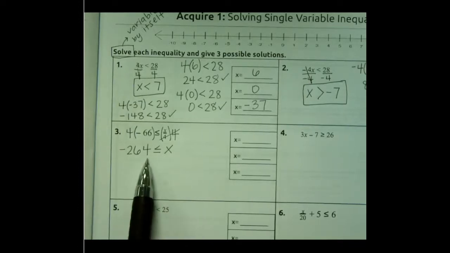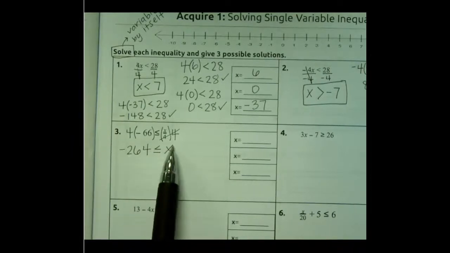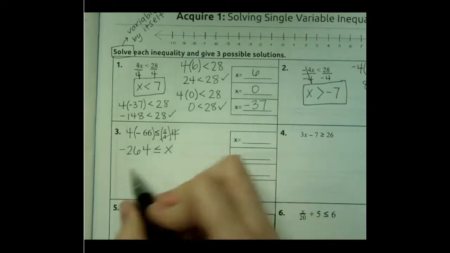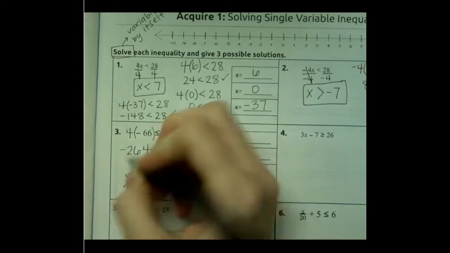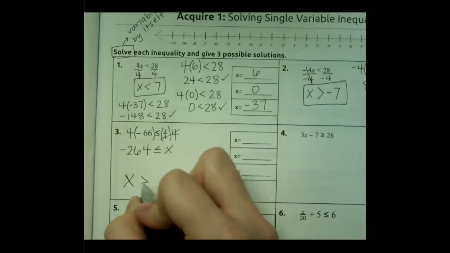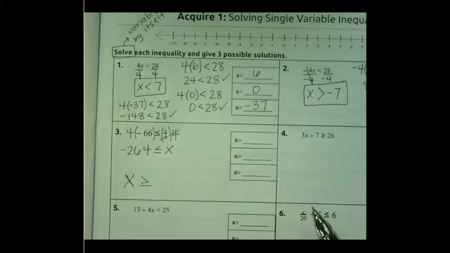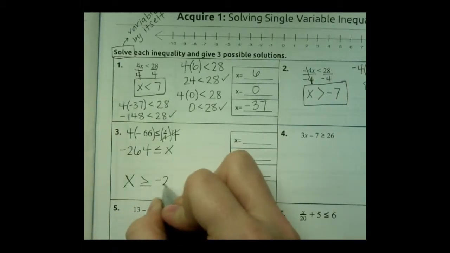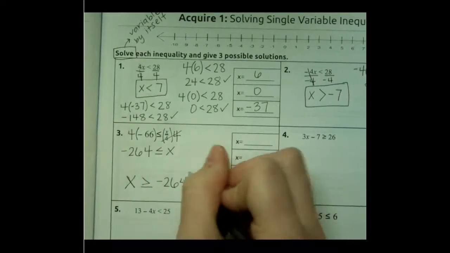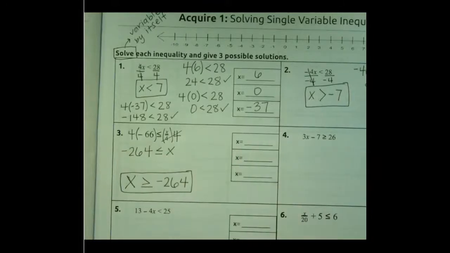Now, this is kind of hard to read. It's backwards. So I am going to switch the whole thing around. I like for the x to be on this side. So I'm going to put the x over here. I'm going to take my symbol. Right now it opens up towards x. So it needs to open up towards x again. And I'm going to put the other number on the other side. So this is our final answer.